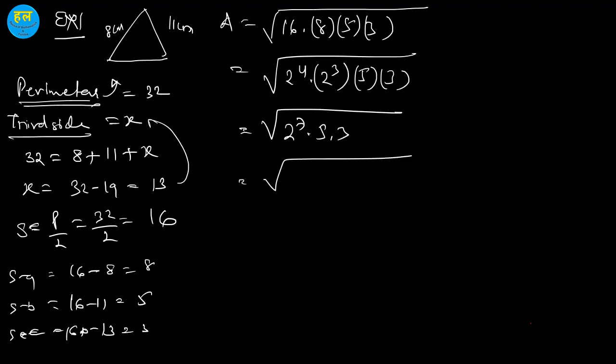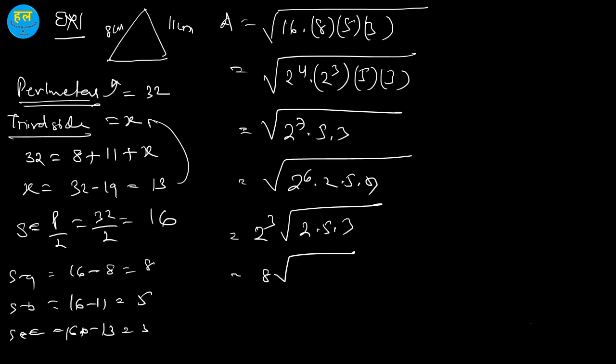We'll take the even power out, 2 to the power 6 into 2 into 5 into 3. So 2 to the power 3, under root of 2 into 5 into 3, is equal to 8 under root of 2 5 is 10, 10 3 is 30 centimeter square. This is our area of the triangle.